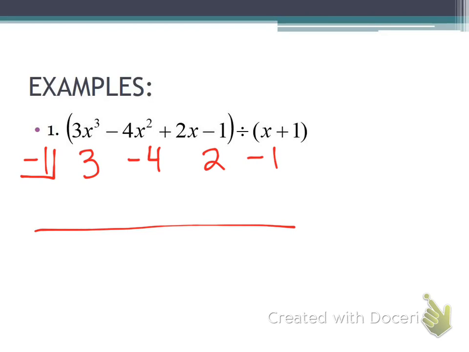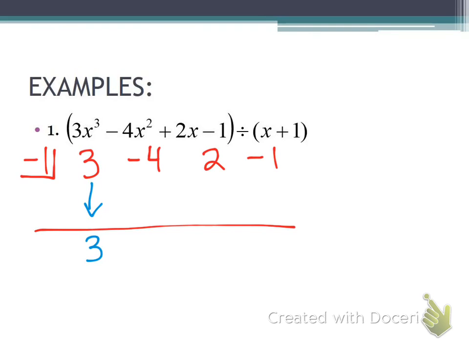We got to list them all out in order. Okay. This is going to seem strange if it doesn't already. Here's the process. The first coefficient that you wrote drops straight down. So we write a 3 right down below that line.